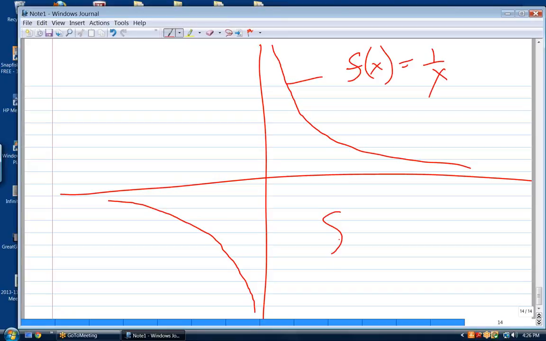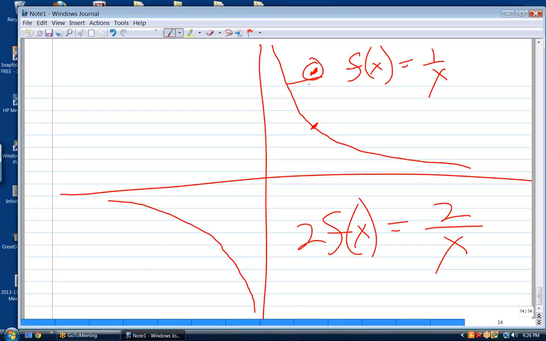So if I wanted to know what 2 times f of x was, that would be 2 over x. Which is a vertical stretch by a factor of 2, so I'll go up and find this point here must be way up here. Must be twice as high.